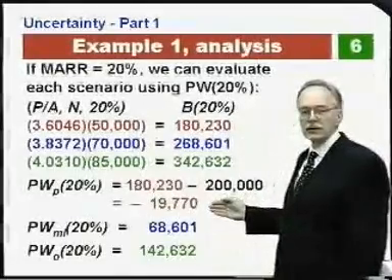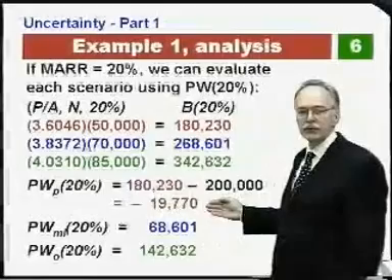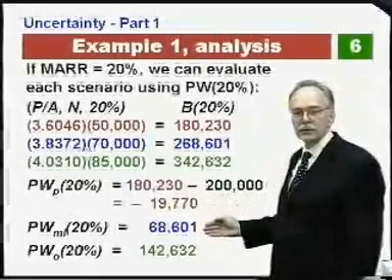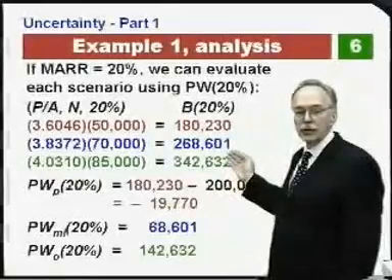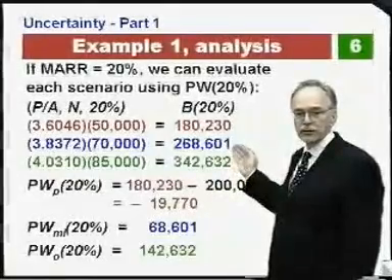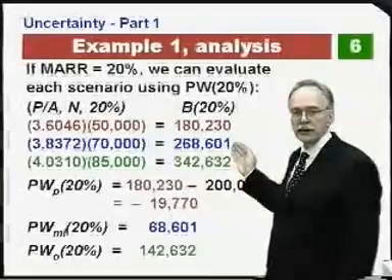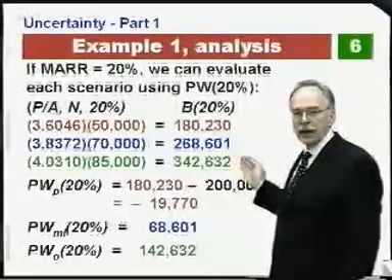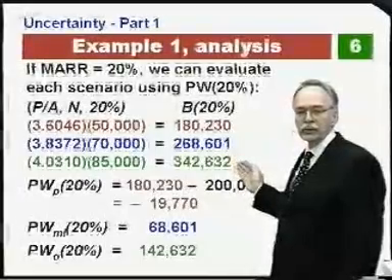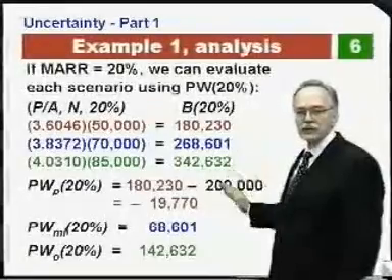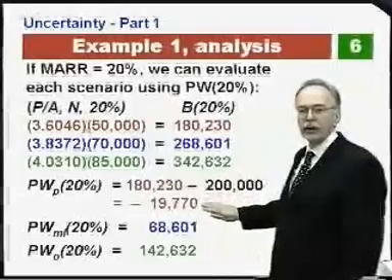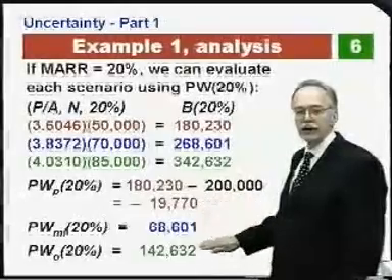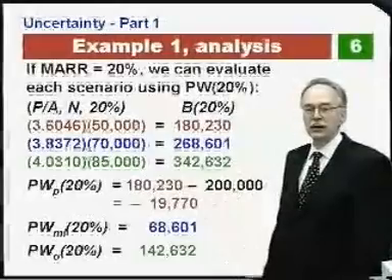So we get minus $19,770 for the pessimistic scenario, $68,601 for the most likely. That's the $268,601. That's our positive contribution, the inflows, minus $200,000 investment. And for the optimistic scenario, $342,632 minus $200,000. So we have our 3 numerical values of present worth. And then if we're comfortable with simply looking at each of these 3 values, then we can go ahead and try to make a decision based on that.